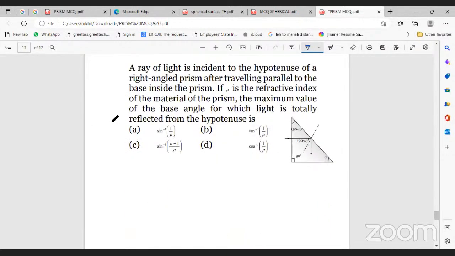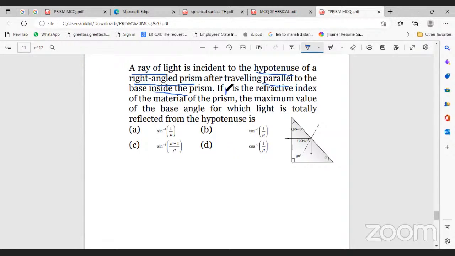Yes, sir. Look at the next problem. A ray of light is incident on the hypotenuse of a right angled prism, and it is parallel to the base inside the prism.